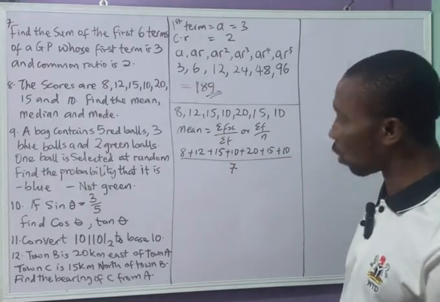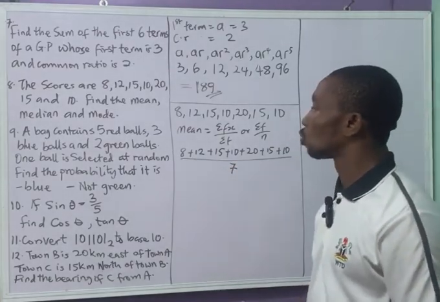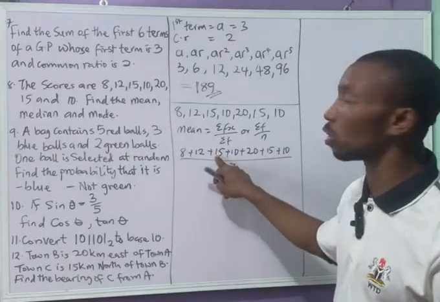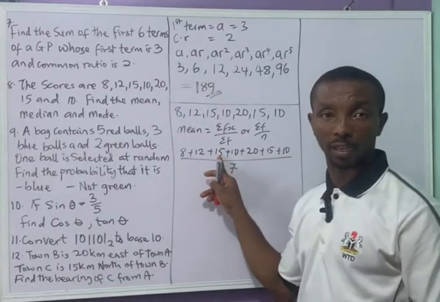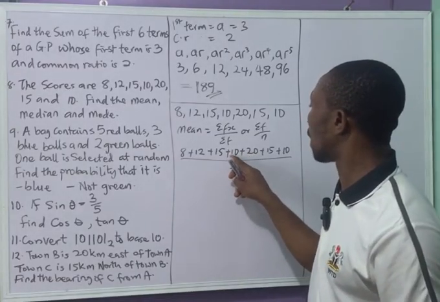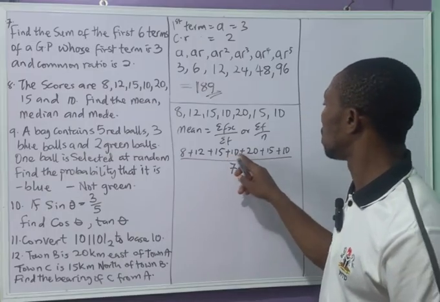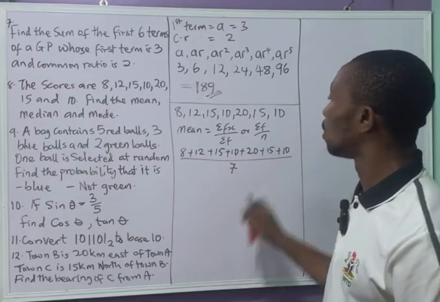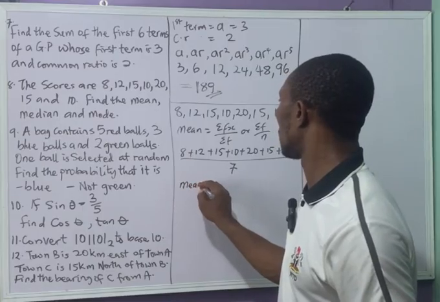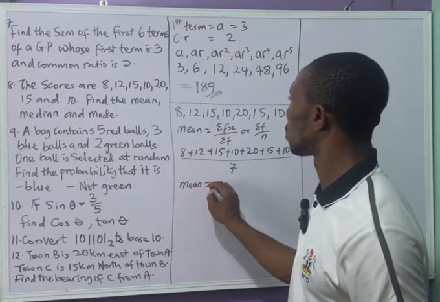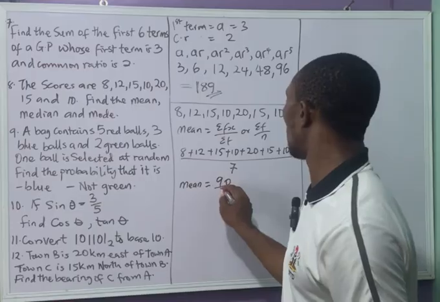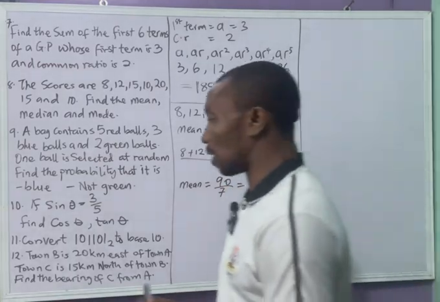7. So 8 plus 12 is 20. 15 plus 15 is 30. So 20 plus 30 gives us 50, plus 10 is 60, 80, 90. So this gives us 90. So our mean equals 90 over 7.